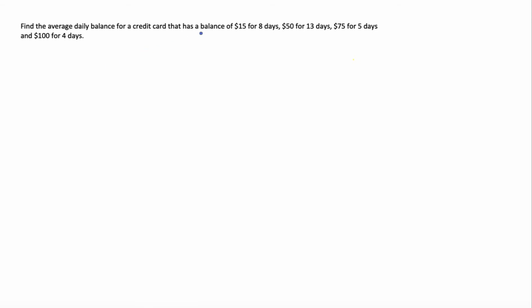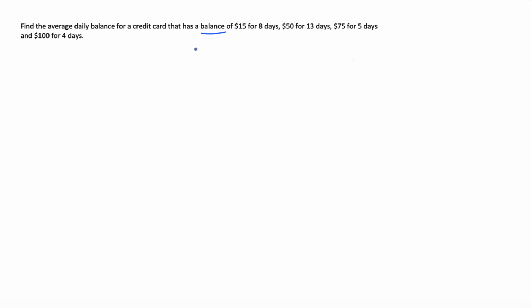When we say the balance, this is actually how much money you owe. Whenever you use a credit card, whenever you swipe your card, or these days insert that chip into the machine, you're paying for something. But on your credit card, your balance will go up. Let's say you go to a fast food place, you spend $15 and you swipe your card, then that balance will go up.